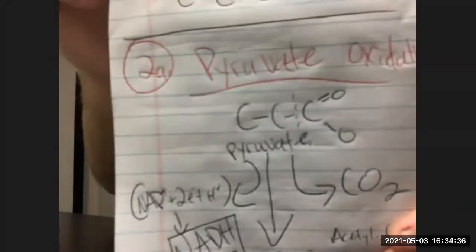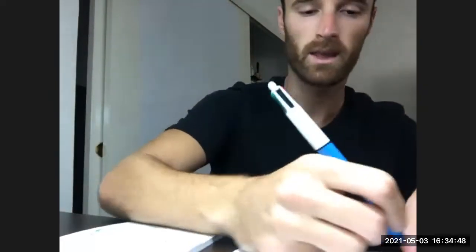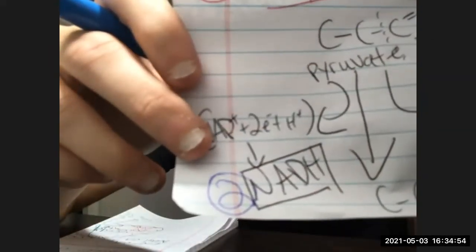So pyruvate oxidation, right? You're actually going to have two pyruvates. I kind of already wrote that up here. But we're going to do that process twice because you have two pyruvates. So you get two NADHs total from pyruvate oxidation. You get two CO2s, right?